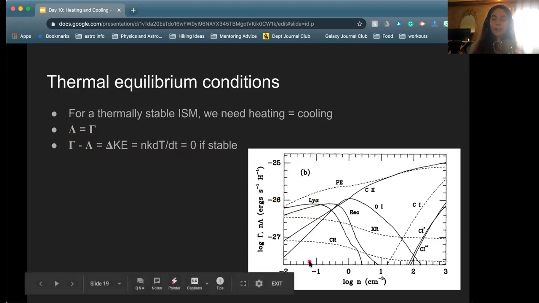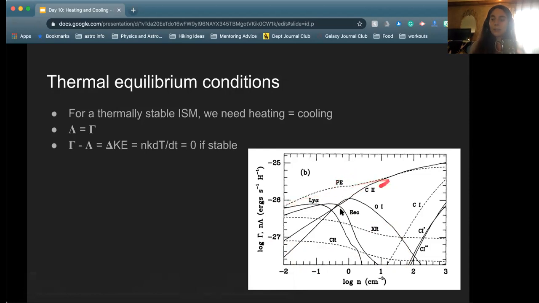This graph here is showing essentially everything we discovered in one graph, where we've got lines representing heating sources and lines representing cooling sources. The dashed lines are heating sources: cosmic rays, X-rays, and photoelectric effect heating, which is most of the heating that's happening, but there's also some from cosmic rays and X-ray shocks from supernovae.